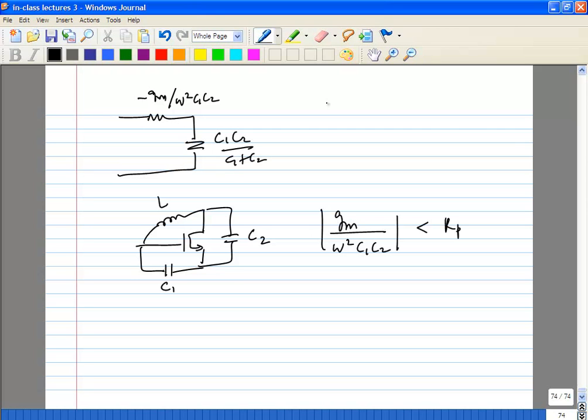Now note that we didn't explicitly put any ground for any of these nodes. So you can actually get three kinds of oscillators depending on which node you ground. You can ground any one of these three nodes. Let's just go over to the next page.